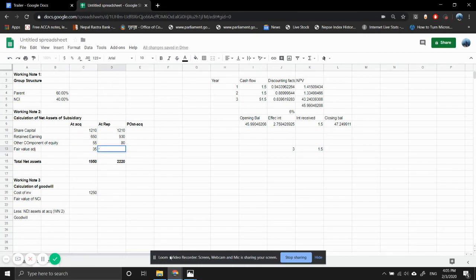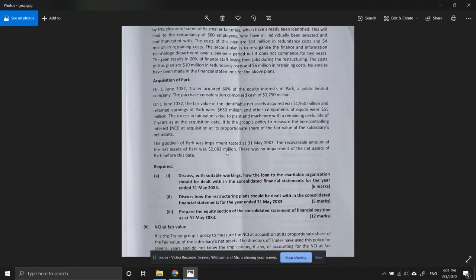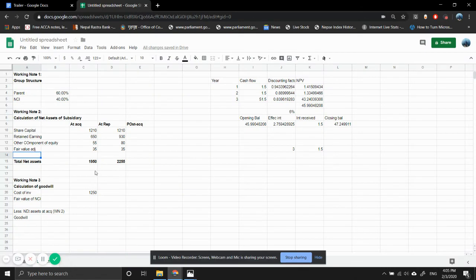So this figure will be same from here for plant, and then it will have excess depreciation, right? So since it is a plant and machinery, so useful life of 7 years. So how many years has gone by? Just 1 year, right? So excess depreciation for 1 year only.